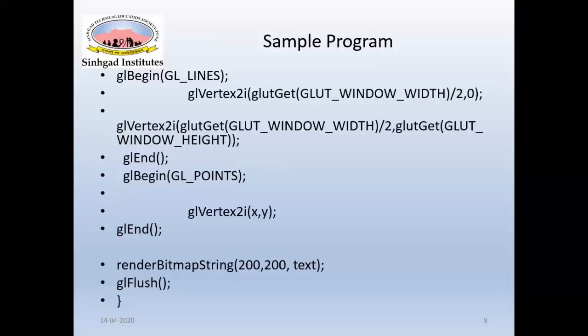In the next glBegin and glEnd, we are going to have a basic graphics primitive, that is GL_POINTS, where we are going to have that vertex at position x, y.